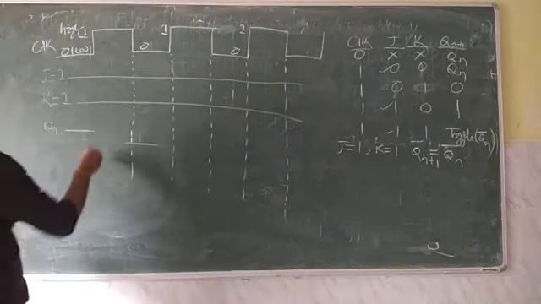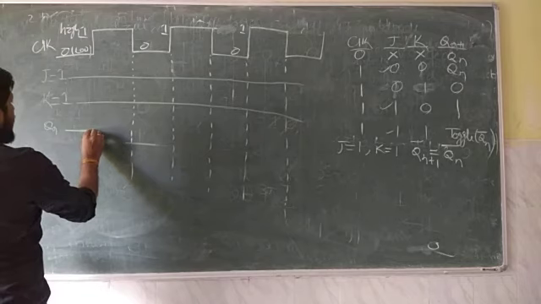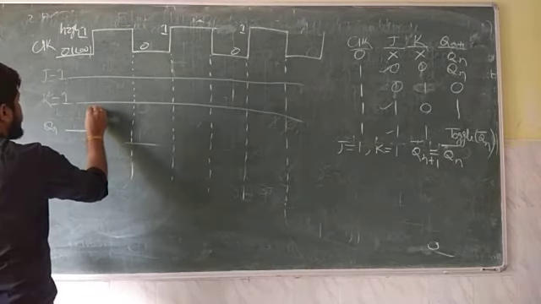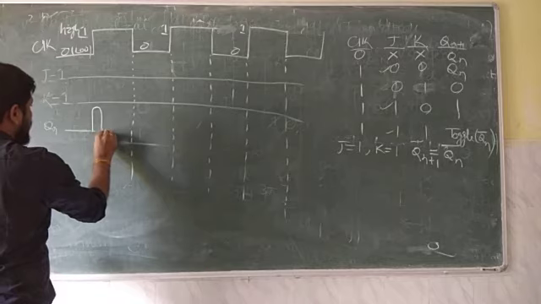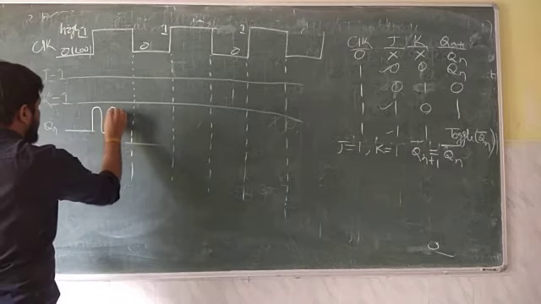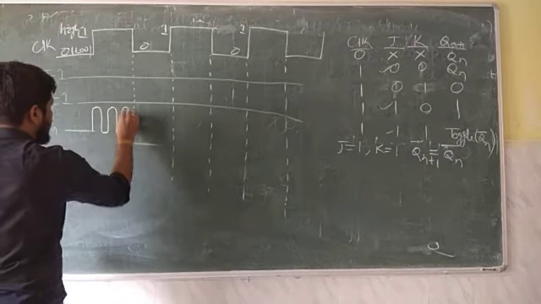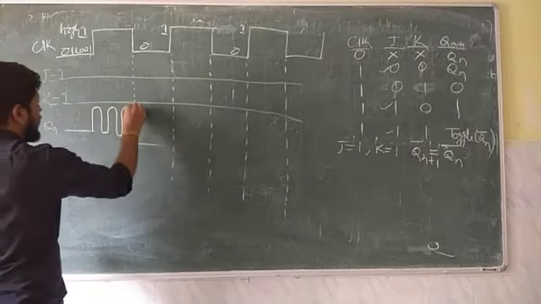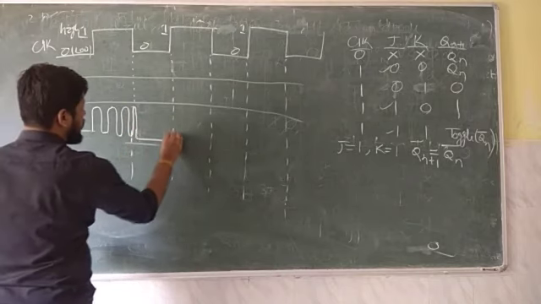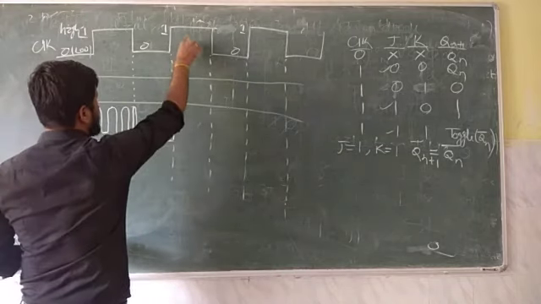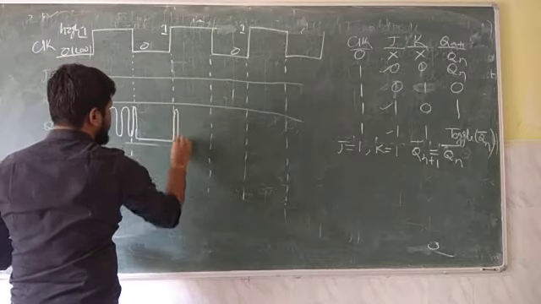So the moment the clock is high, the output becomes 1, then again becomes 0, again 1, again 0, and it continues. For this high clock pulse, this racing occurs.